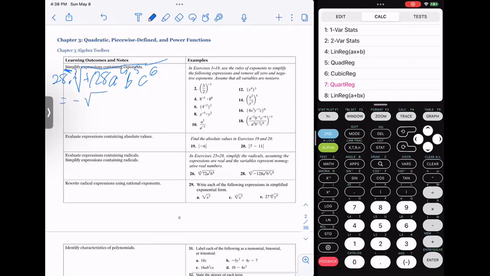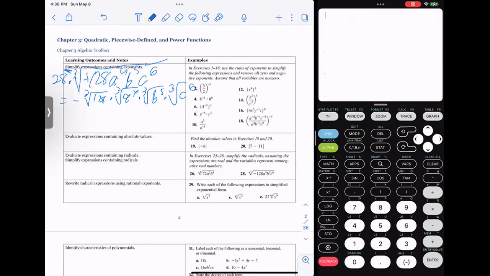We have negative cube root of 128 times cube root of e to the 4th times cube root of c to the 6th. There you go. Right, so use a calculator real quick to find the cube root of 128. I'll say 128 to the 1/3 power. Now, that doesn't simplify very nicely. And it doesn't seem like we can square root it very nicely either.